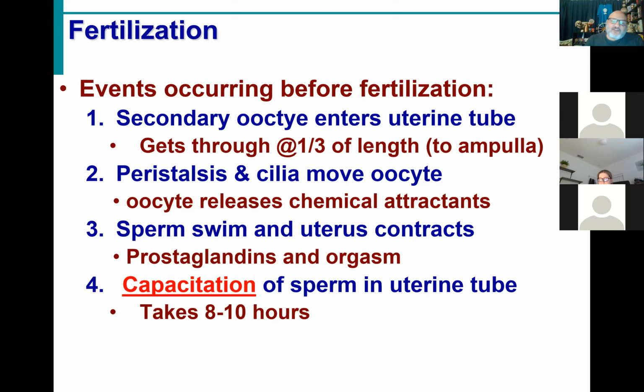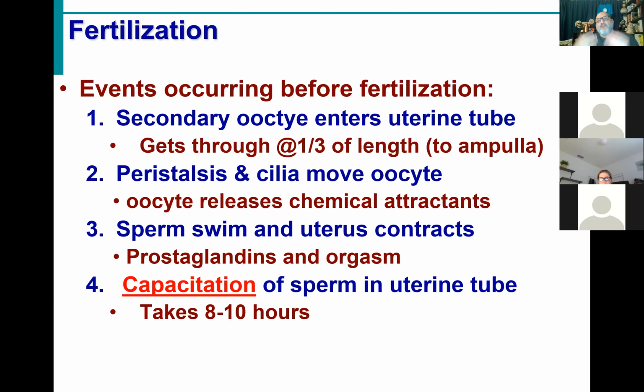And remember, this process could occur as quickly as 5 minutes. However, even if the sperm gets there in 5 minutes, it isn't necessarily going to be ready to tackle the process of breaking through the egg's defenses.